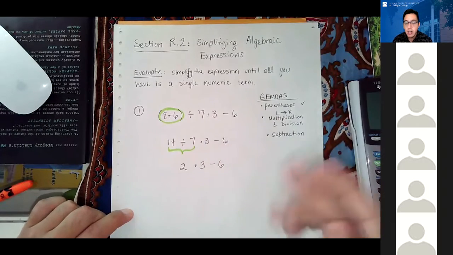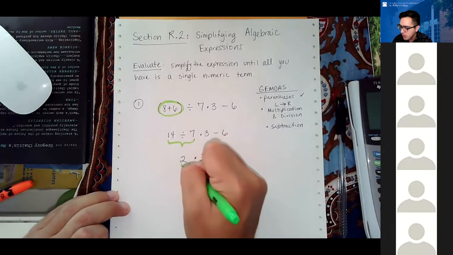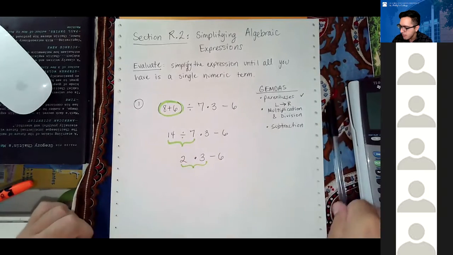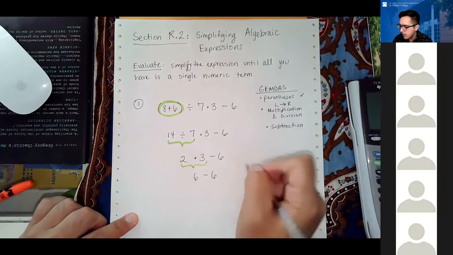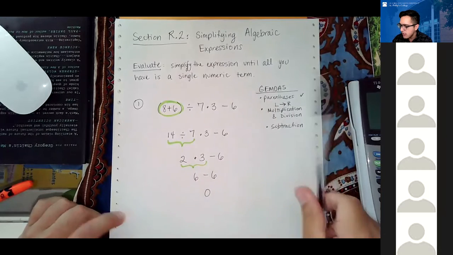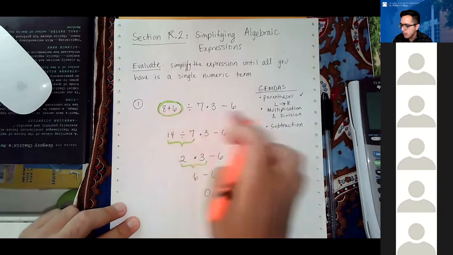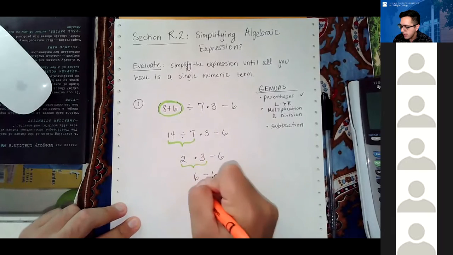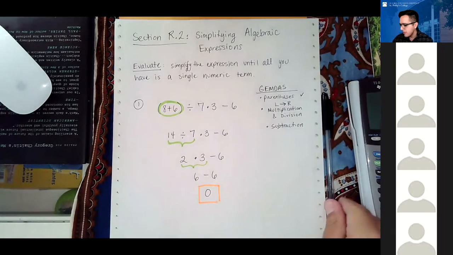And we're just working one operation at a time. So now multiplication has a higher priority than subtraction, so we'll take care of that. We have 6 minus 6 now. And our final answer is 0. So we have evaluated that really cumbersome expression into its true name. Its simplified form is just 0.